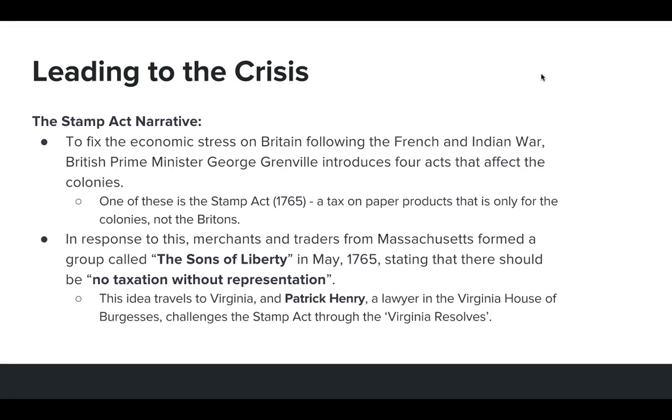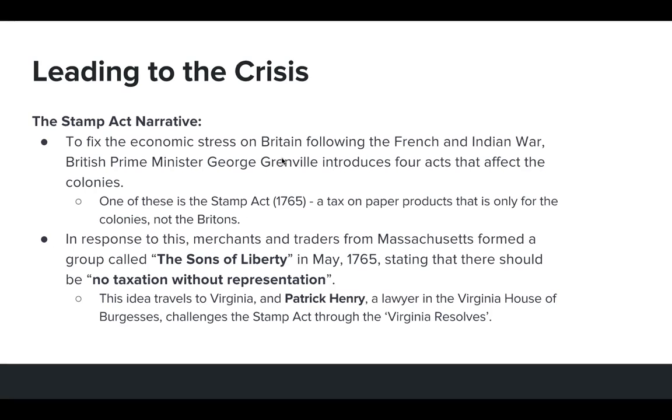Now, in response to this, merchants and traders from Massachusetts formed a group called the Sons of Liberty in May 1765, stating that there should be no taxation without representation. The idea comes back to what George Grenville was doing. He approaches the House of Commons, which is our parliament, and says, I'm going to introduce a Stamp Act that is going to tax the Americans.